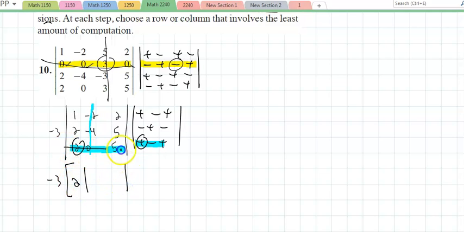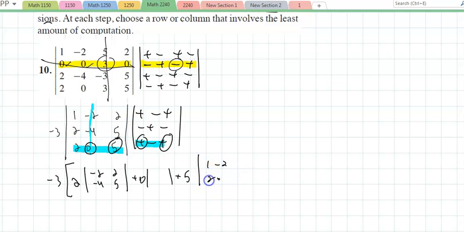And if I cross its row and column, that's -2, 2, -4, 5. If I take the 0, well, that's just 0. There's no point in worrying about the sign even. And a 5. And if you cross its row and column, that's 1, -2, 2, -4.